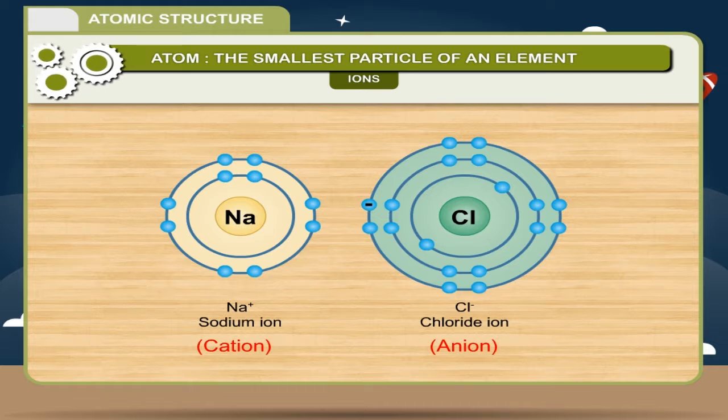For example, after gaining an electron, a chlorine atom becomes a negatively charged chloride ion, Cl-. In general, cations are formed by metals after losing electrons, while anions are formed by non-metals after gaining electrons.